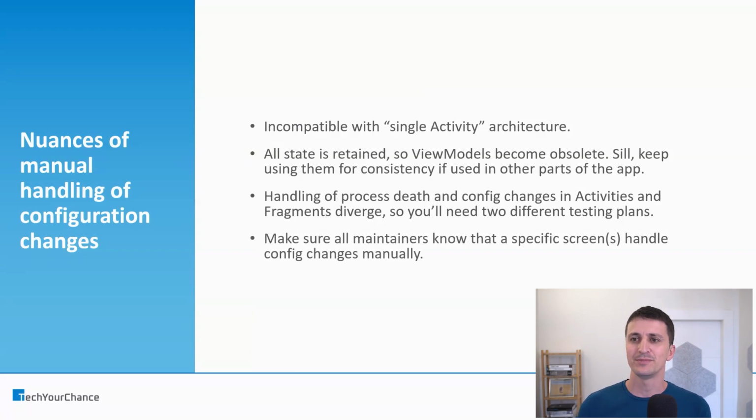So if you handle config changes manually, I'll need to be aware of that, and that's not something I assume out of the box. So if you decide to do that, just make sure that all the team are on the same page, everyone understands that this part of the application needs special care, special attention if we go and modify it in any way.